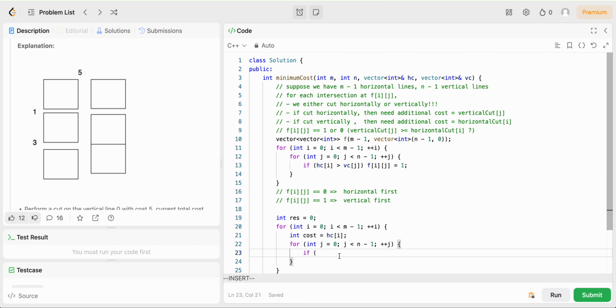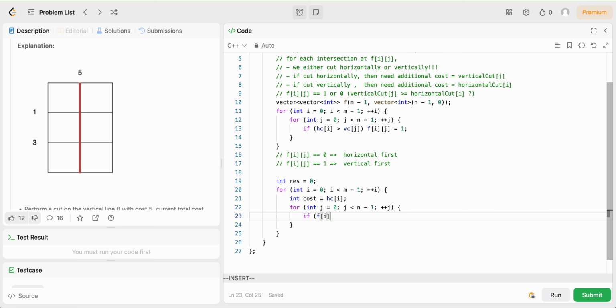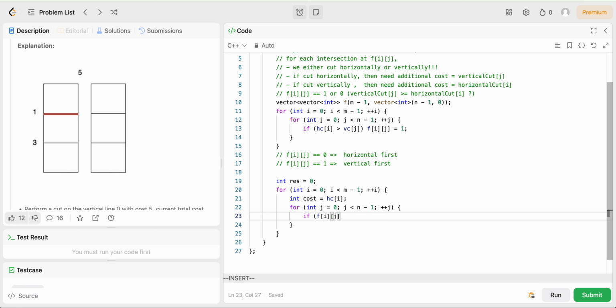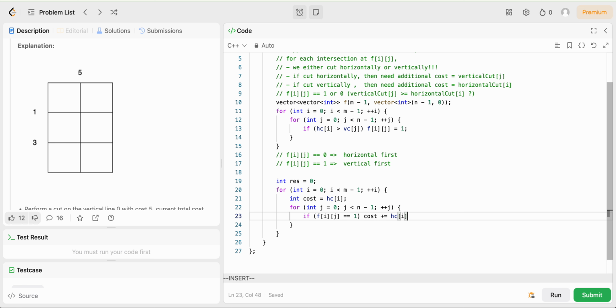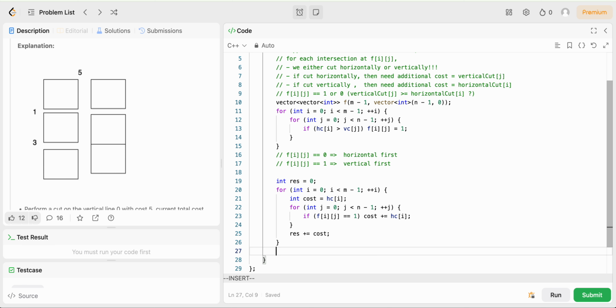So we see if Fij, now we care about the cases where we do the vertical first. If Fij equals 1, then cost will be added by HCI, right? Then res adds cost.